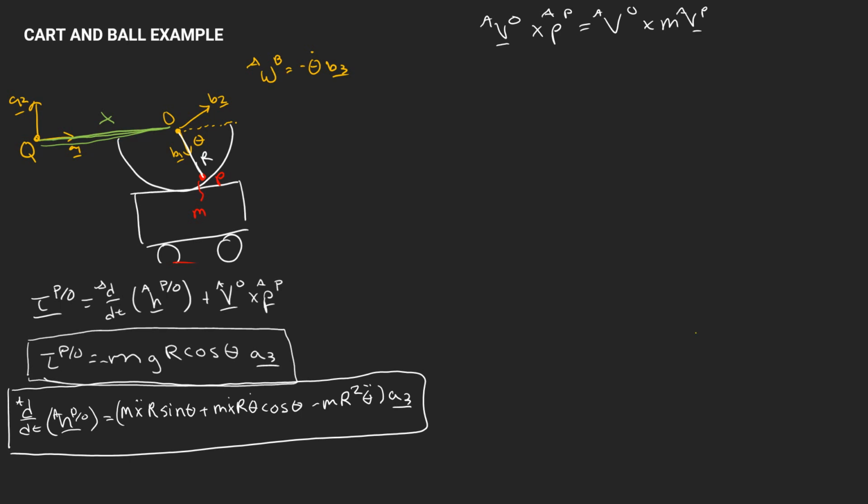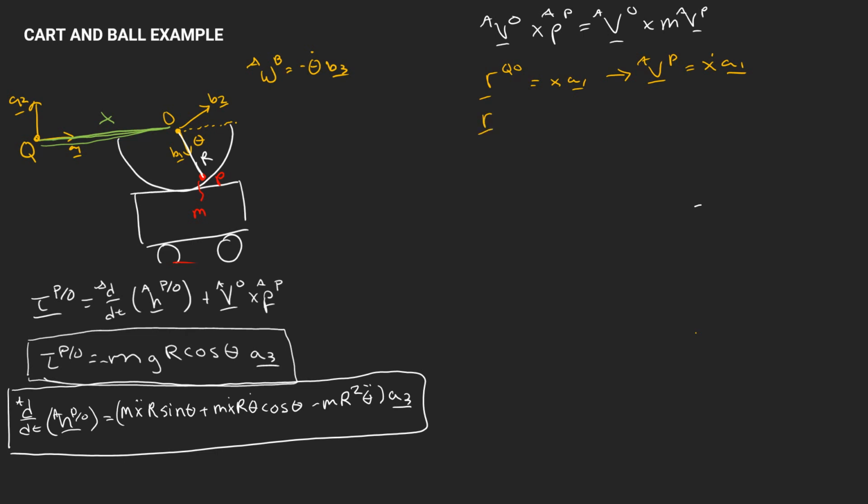To get the velocity of point O, we first have our position vector from Q to O, and that is equal to x a1. So we just take the derivative of that to get x dot a1.